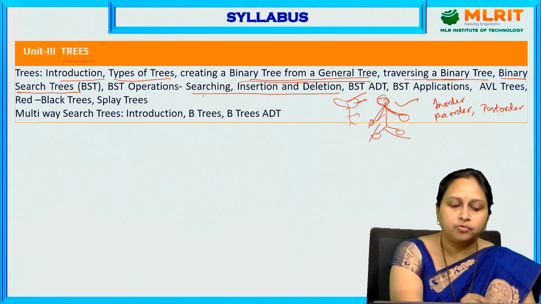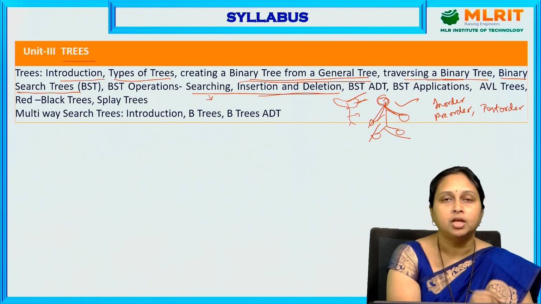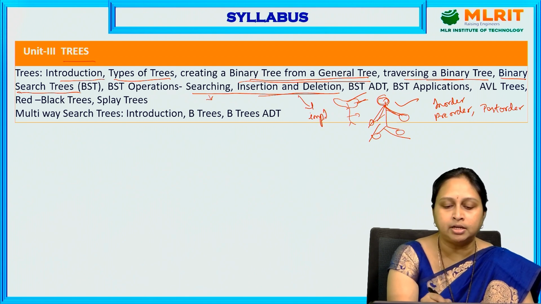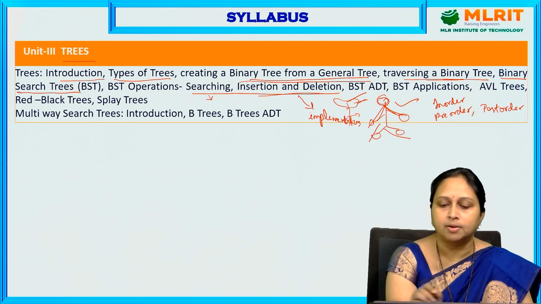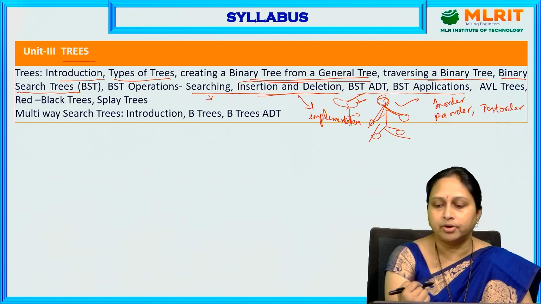Those are searching, insertion and deletion. Not only performing the operations, we are going to see the implementation of binary search trees also. That means the implementation part also we are going to cover. And we will be seeing BST applications, that is binary search tree applications, where we are going to use them. That concept we are going to cover.